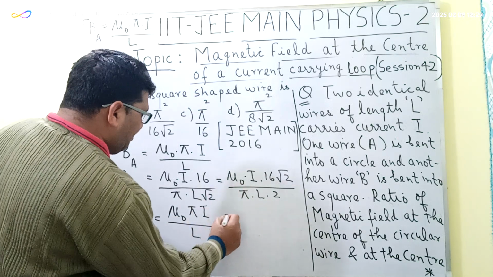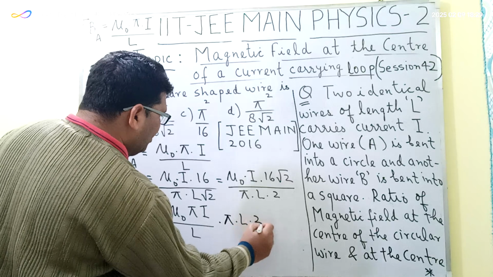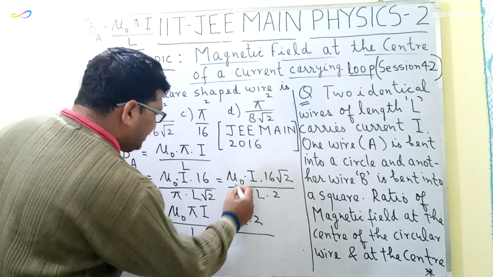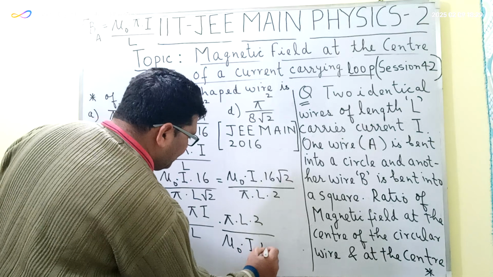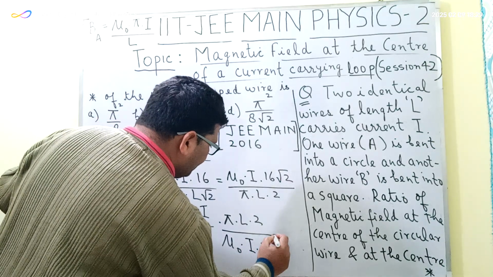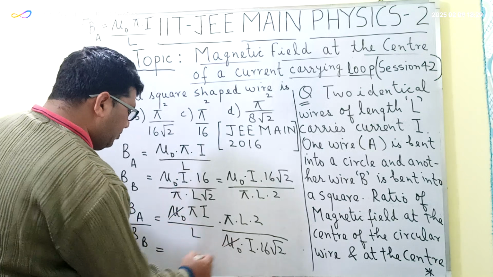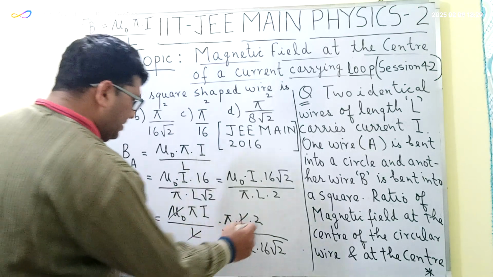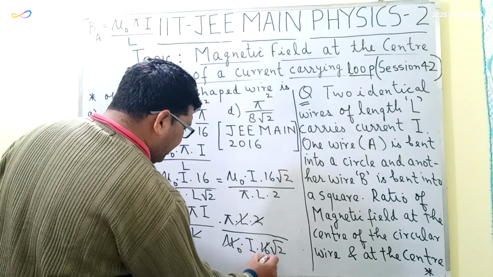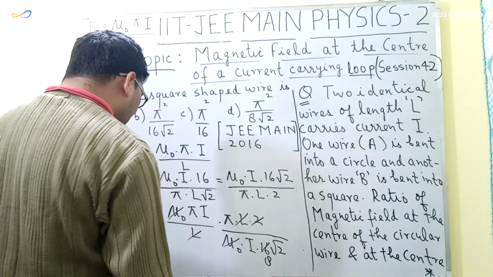So pi L into 2 will come in the numerator and this value will go in the denominator, 16 root 2. From here mu naught and mu naught would get cancelled out, L and L will also get cancelled out, and this will become 2 divided by 16, which is 8 root 2.